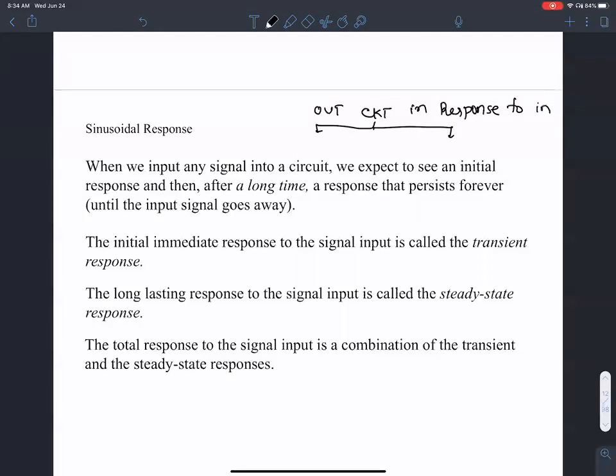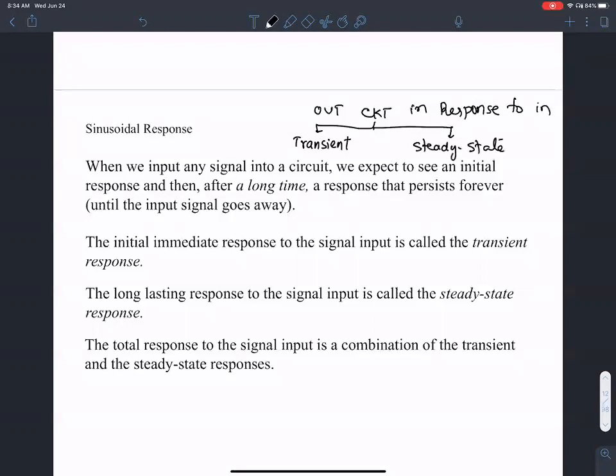There are two parts of the response or the output. When I say response, I mean output. It can be transient, it could be steady state.